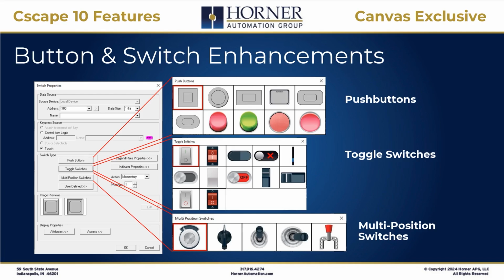For buttons and switches, there's just a lot more included operators now. You've got push buttons and toggle switches, and also multi-position switches and selector switches with more styles than ever before, all nicely scaled. Basically, you just have more choices to pick the type of operator that you want to use in your particular project for that particular function.